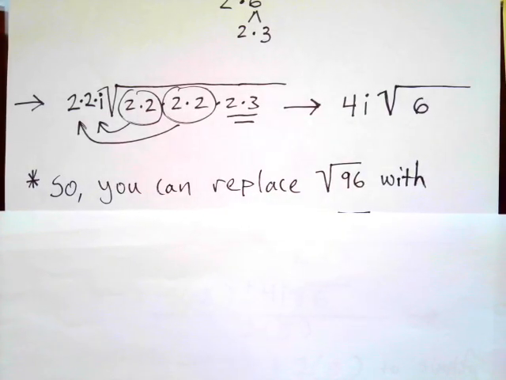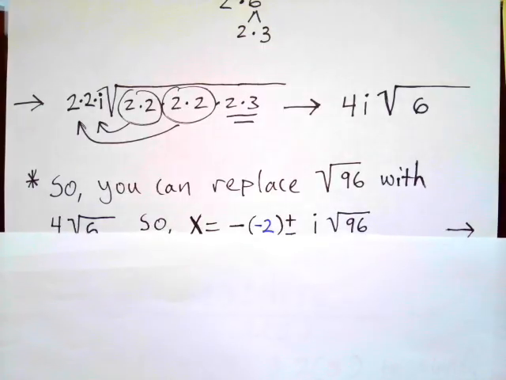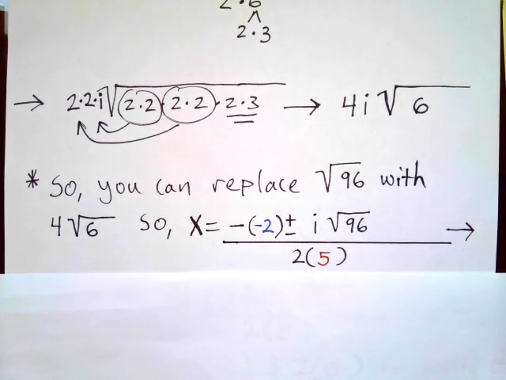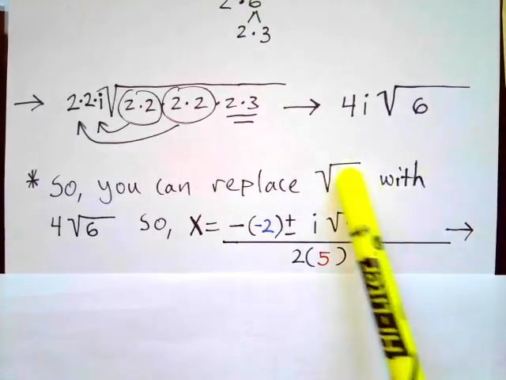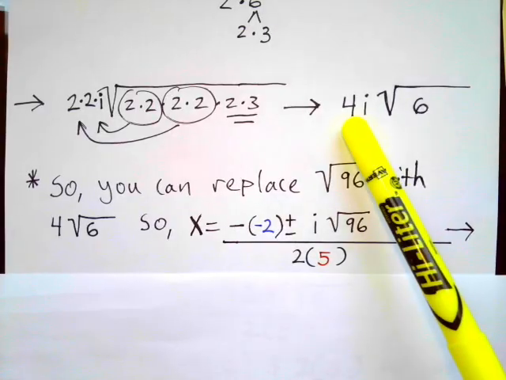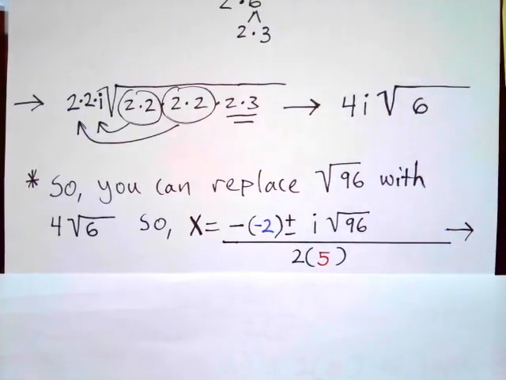I'm just going to replace the square root of 96 with 4 times i times the square root of 6. And that's all that I'm going to do in this next step, right? So here's where I left off on video 3. I'm going to replace the 96 with 4i times the square root of 6. That's all I'm going to do.